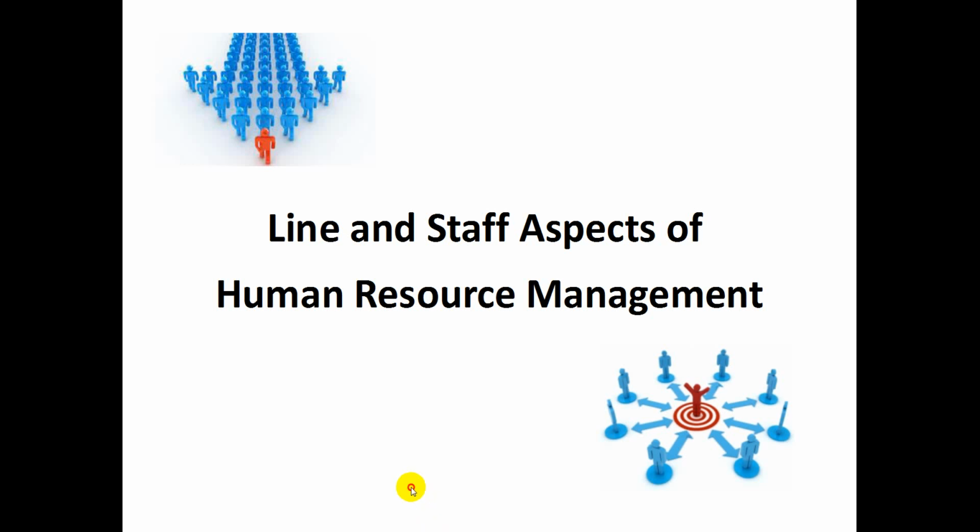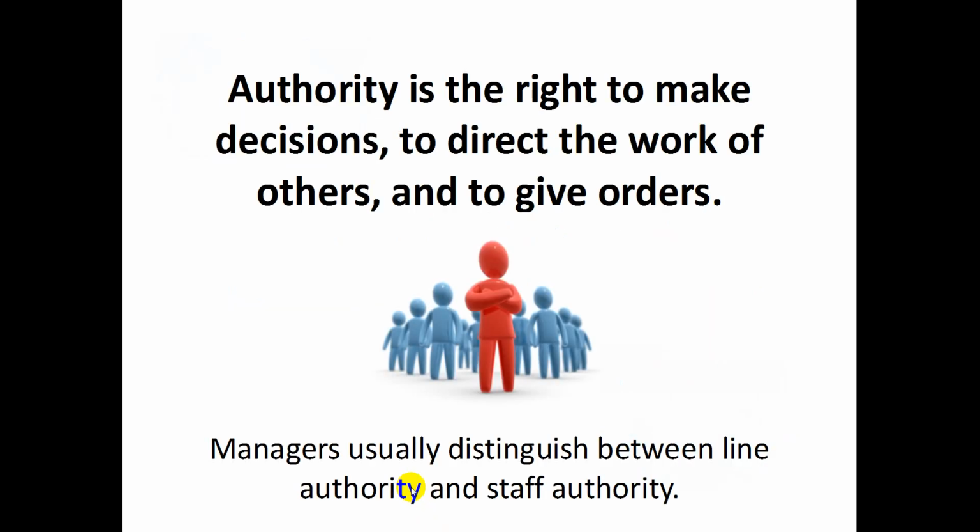So we begin from the first definition. Authority is the right to make decisions, to direct the work of others, and to give orders. Managers usually distinguish between line authority and staff authority.